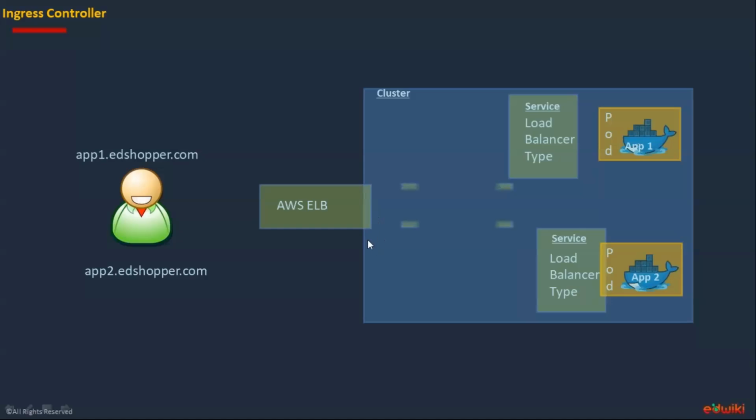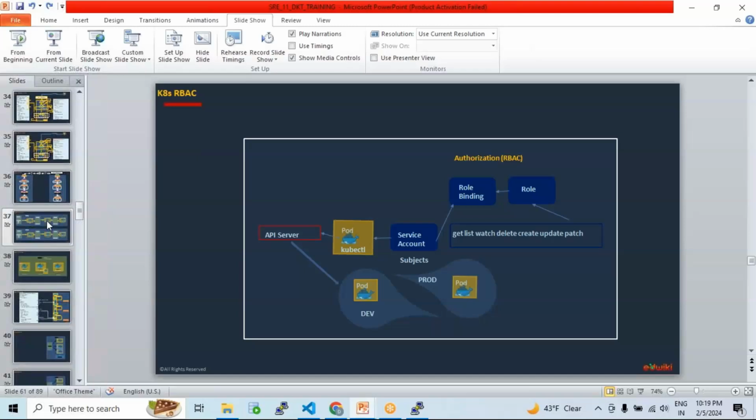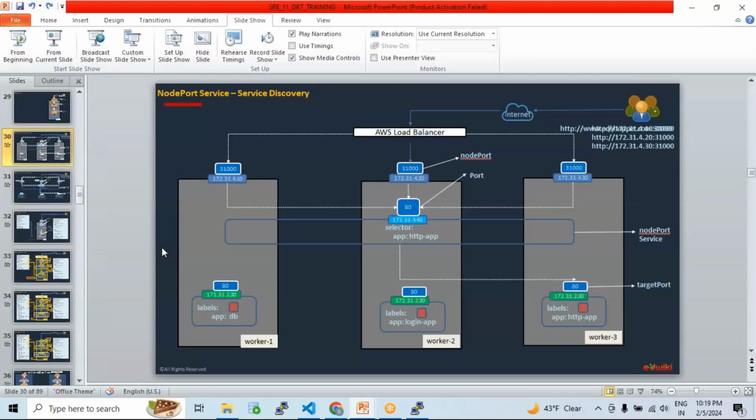Do you think the AWS load balancer will see the Kubernetes services? Do you think the AWS load balancer can understand Kubernetes or can see the Kubernetes? No, right? The time to go back to one other slide like this. You see this scenario, guys. The AWS load balancer is responsible only to route the traffic to the node port of your worker node.